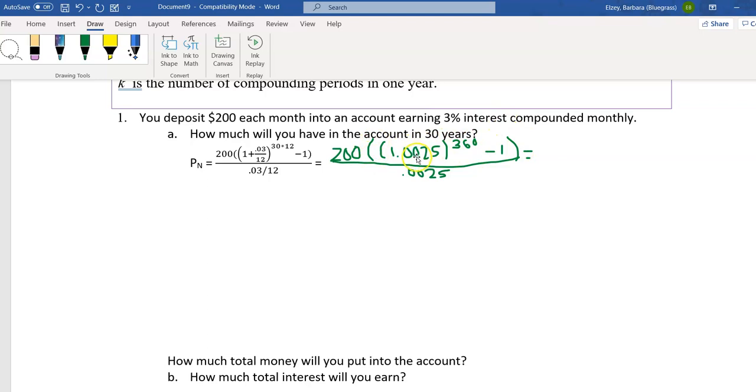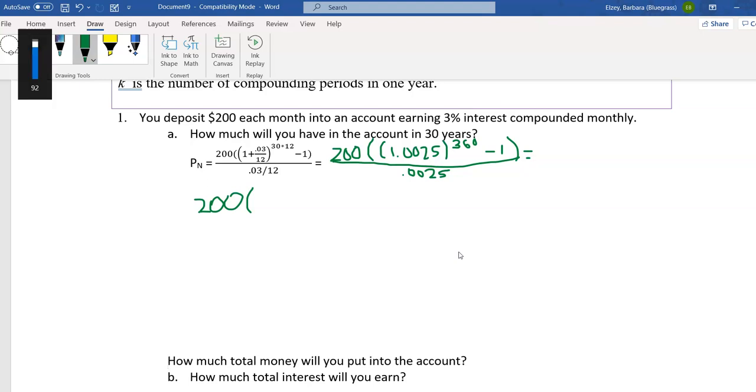I need to now do the exponent here on the inside of these bigger parentheses. I need to do 1.0025 raised to the 360 power. So I still have my 200 outside, but I'm going to do my 1.0025 to the 360 power in my calculator.